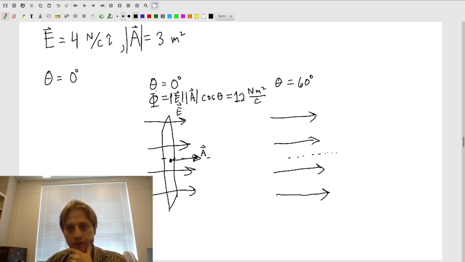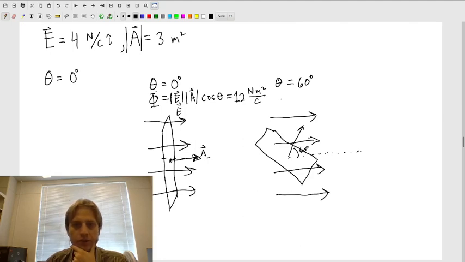Okay, so here's our 0 degrees direction. 60 degrees is going to be something like this. So there's my 60 degrees. What's happened here is that my surface now is over like this.